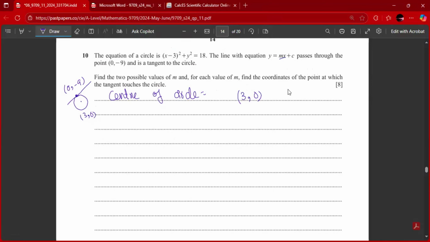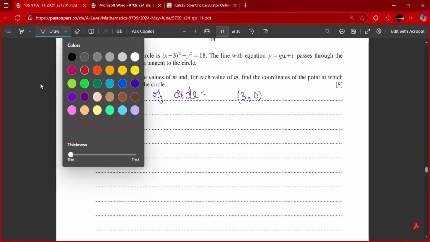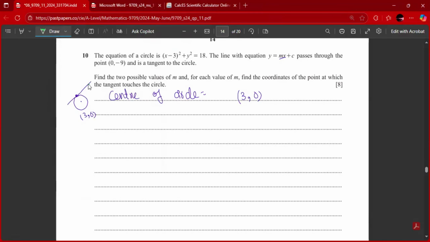Find the coordinates. Wait a minute. The coordinates of the tangents. Okay. Now this is more confusing. The point is somewhere here.